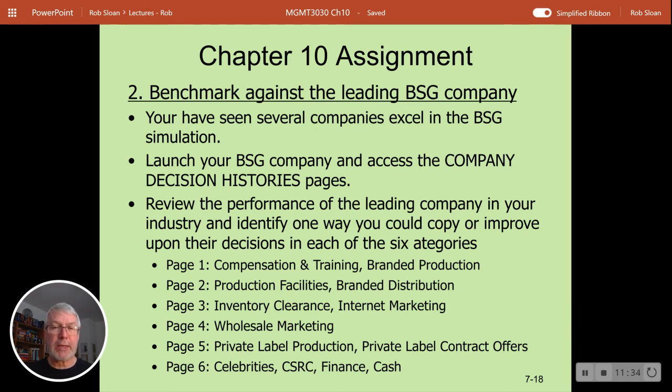See who is the leading company in your industry and identify one way you could copy or improve upon the decisions that your company has made by learning from the leading company in all of the 6 categories: compensation and training, production facilities, inventory clearance, wholesale marketing, private label production, and celebrity. Each of them is a separate page, so you can examine all of those different categories, see how you could improve upon your performance, and note it on the sheet.